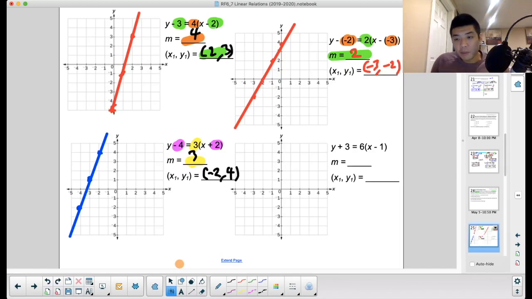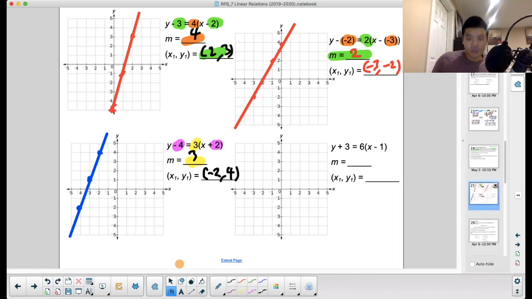Now the last example for today, we're going to look again at your slope, which is 6 in this case. And then we have your point 1, negative 3. So we've got a slope of 6 and 1, negative 3.